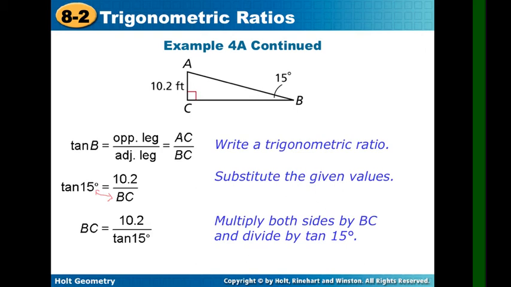Just simply 10.2 divided by tangent 15. So, simplify the expression using your calculator. Let me check also in my calculator if we will get the same answer as 38.07 feet.